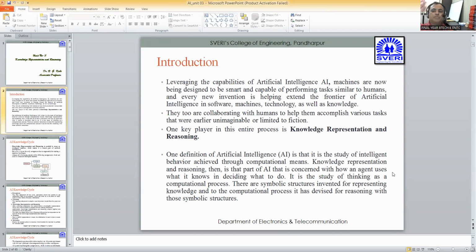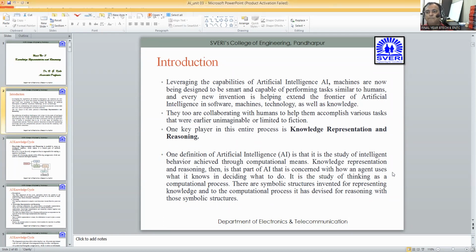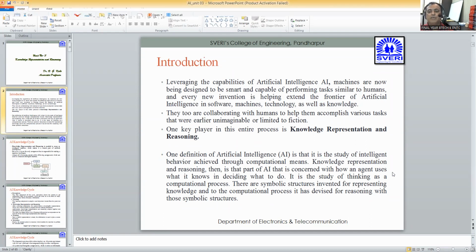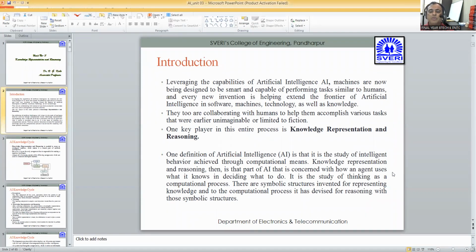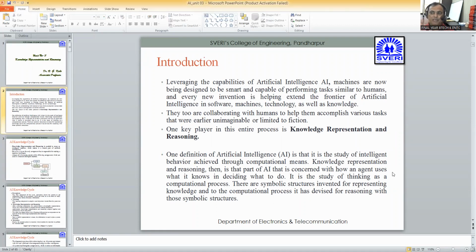And in this entire process, one of the most important processes is knowledge representation and reasoning. AI is the study of intelligent behavior achieved through computational means. Knowledge representation and reasoning, which is a part of AI, is about an agent using knowledge and deciding what to do. How is this possible? Obviously, there are symbolic structures that have been used for representing knowledge, the computational process, as well as reasoning.